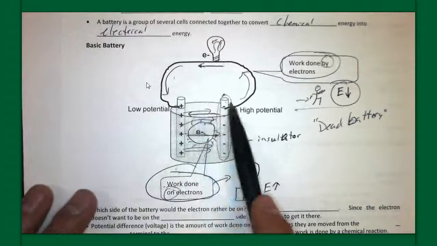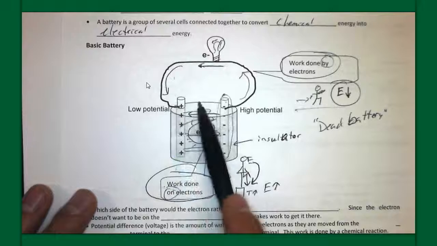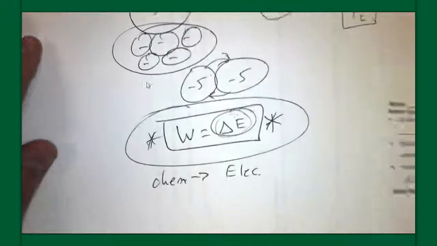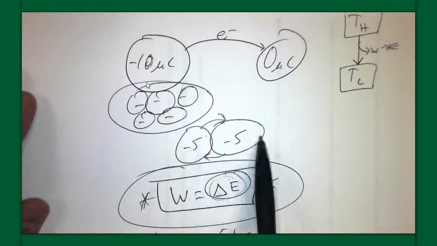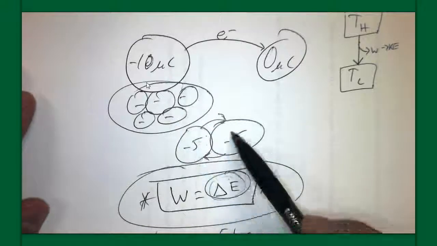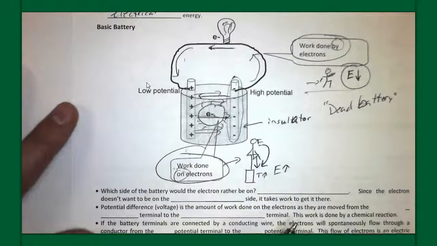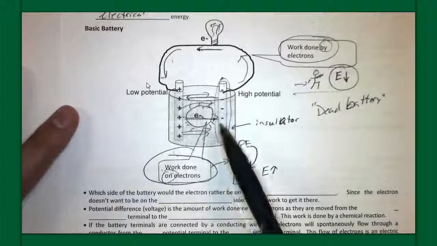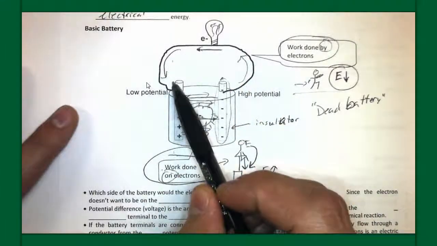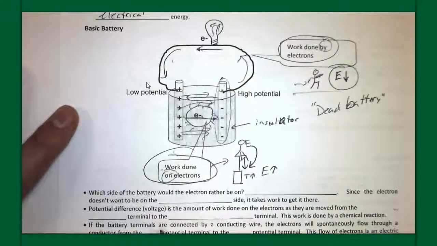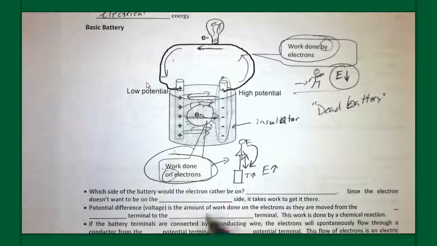It means the electrons are simply evenly distributed between these two places. And remember what we said before, if the electrons are evenly distributed, there's no more reason for the electrons to flow. And it's the same here. Your battery is dead when there's no reason for electrons to spontaneously flow from one place to another because you don't have negative charges piling up in one side. That's what it means when your battery is dead.